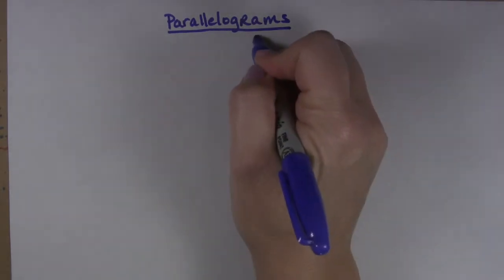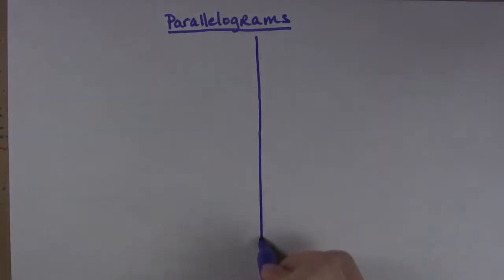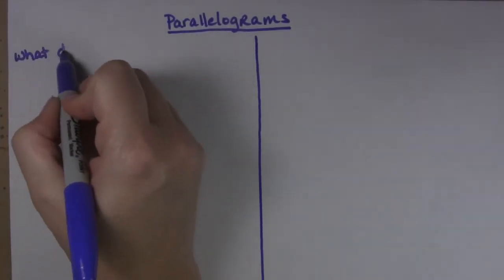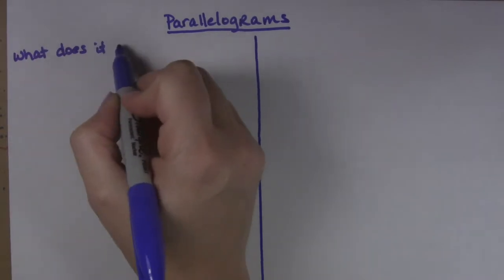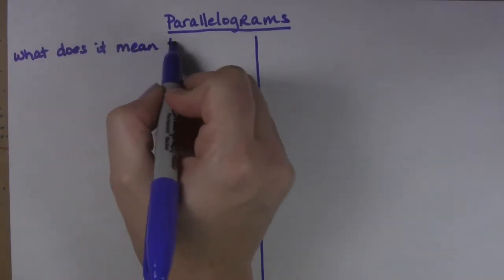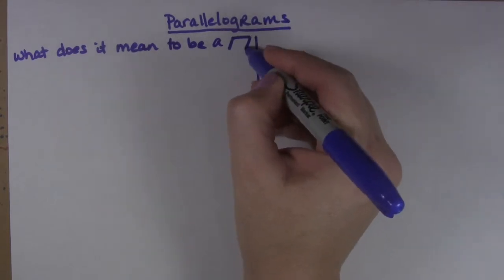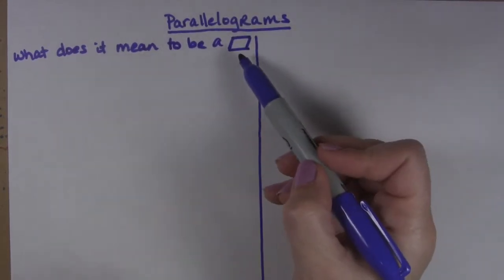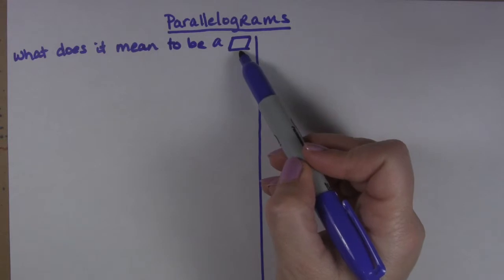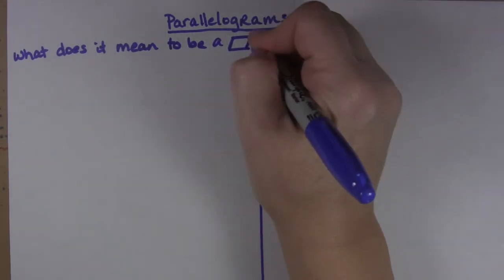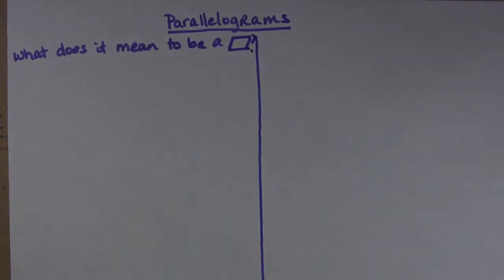So I'm going to divide this video into two parts. The first part is, what does it mean to be a parallelogram? And then we're going to learn how to draw the sign for a parallelogram so you don't have to keep writing out this long word, because that would get old pretty darn fast.